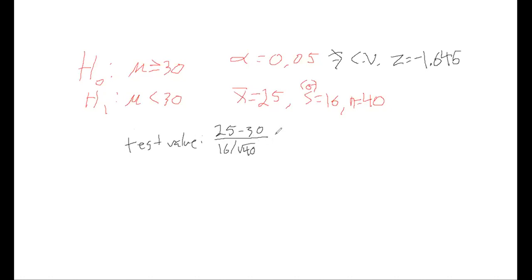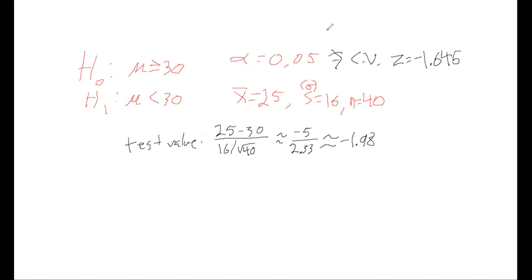The numerator is equal to negative 5, and the denominator is approximately 2.53. That's going to be negative 1.98.